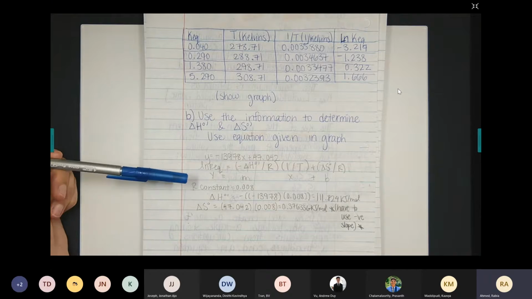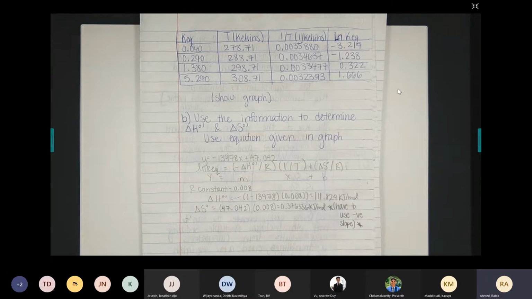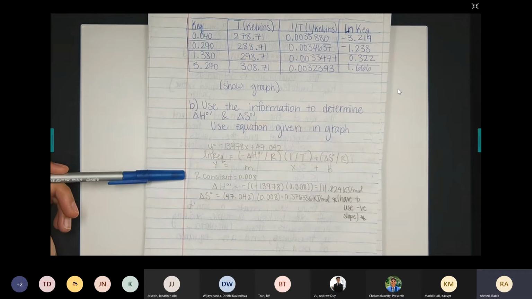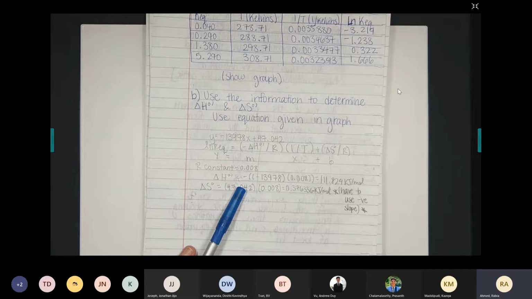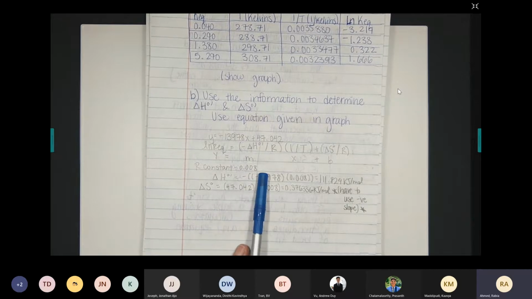So this is y equals mx plus b, where m is change of H over R, and x is 1 over T, and b is change of S over R, which is entropy. And so the R constant is equal to 0.008. This is from the constant 8.314, you just have to convert it to 0.008.